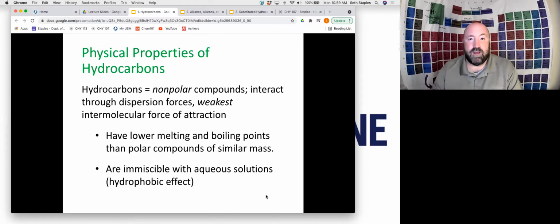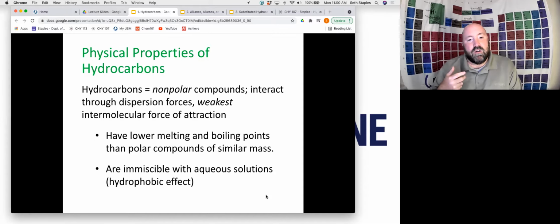Water, on the other hand, with a molecular weight of 18 compared to the molecular weight of 16 for methane, has a boiling point of 100 degrees Celsius because there are much stronger intermolecular forces at play. And so hydrocarbons will have very low melting and boiling points compared to polar compounds of similar sizes.